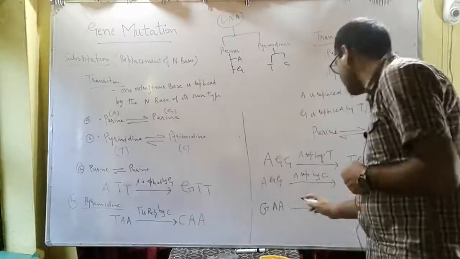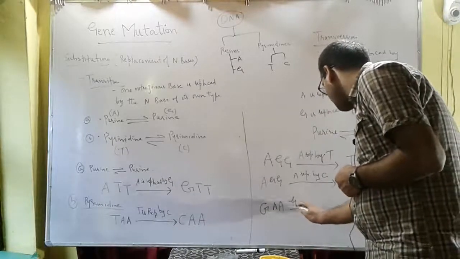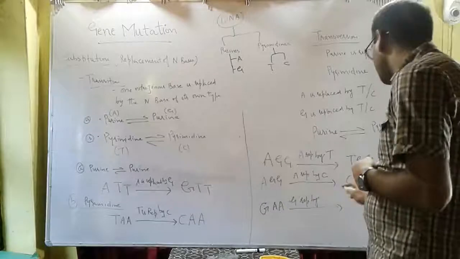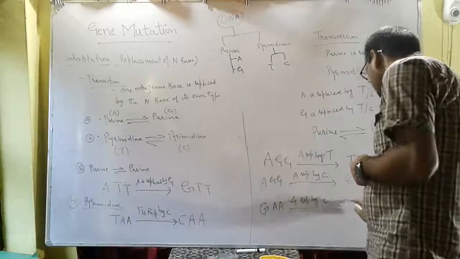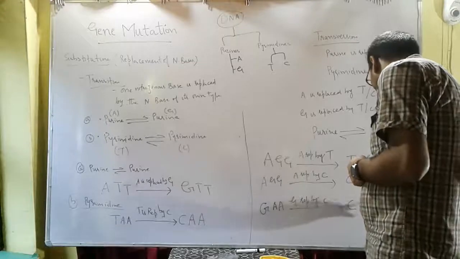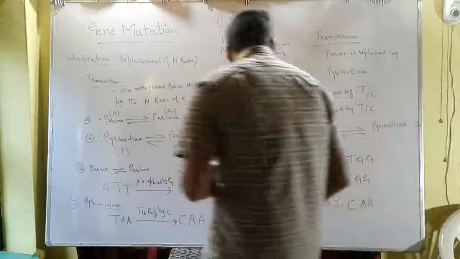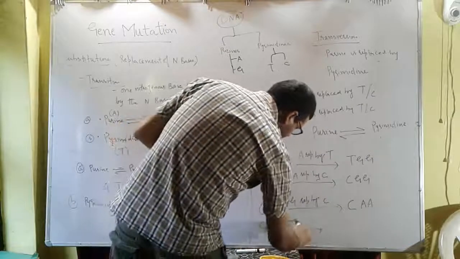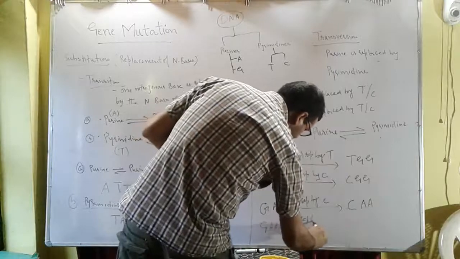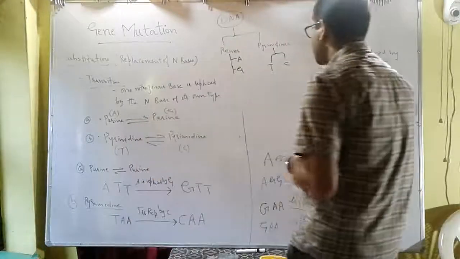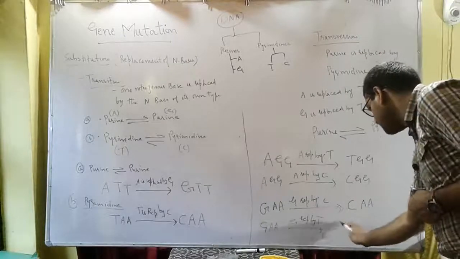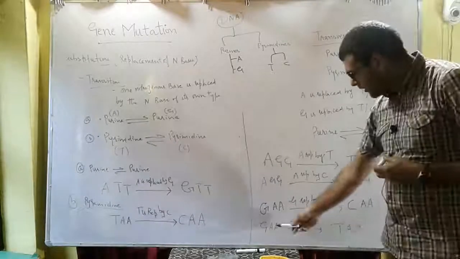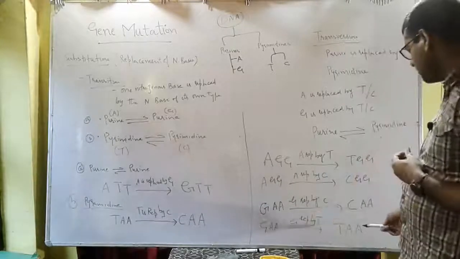This G is replaced by T or C. So we have CAA. Then guanine is replaced by thymine. That is, purine is replaced by pyrimidine. So we have TAA. So this is mutation, because the original base sequence is entirely different from the new base sequence.